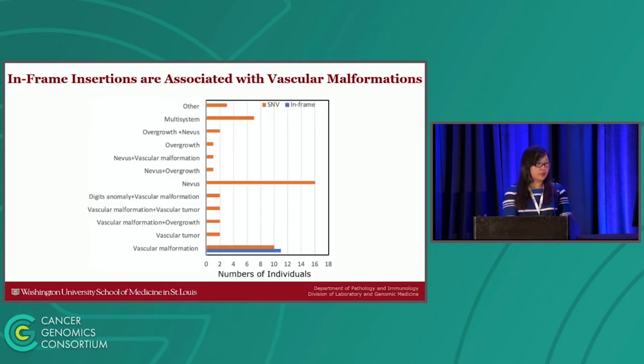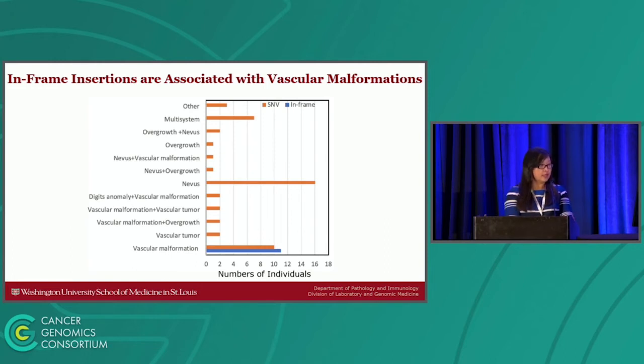To answer this question, we went over the clinical indications and possible phenotypes collected at clinical testing for all 60 cases with a RAS variant, including 49 cases with missense variants and 11 cases with the in-frame insertions we described in the past couple of slides.